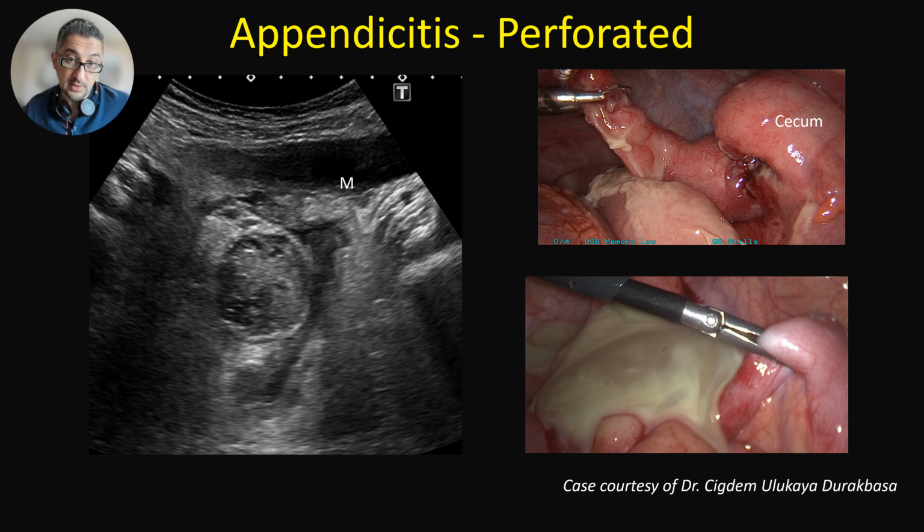Next topic is perforated appendicitis, which is very important. This is what we are trying to avoid. This is why we are doing imaging, not to see the perforation. Here is an example of a perforation from the base, and you can see the pus and collections, abscess.